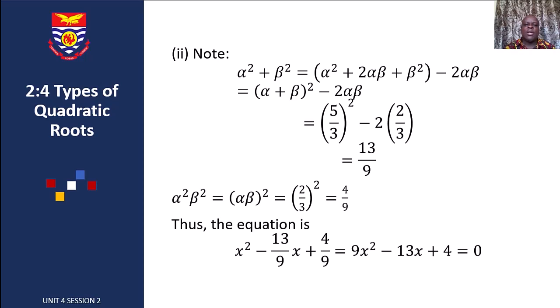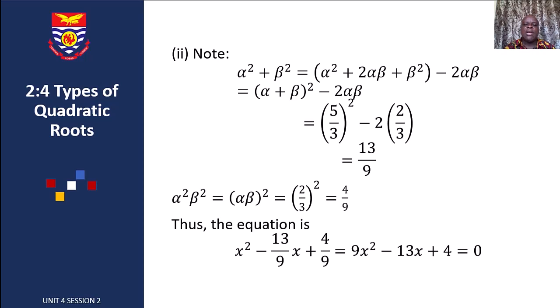We already know the sum to be 5 out of 3. So alpha plus beta is replaced with 5 out of 3. And then you bring the square. Minus 2 alpha beta, which is the product, and we have gotten that to be 2 out of 3.